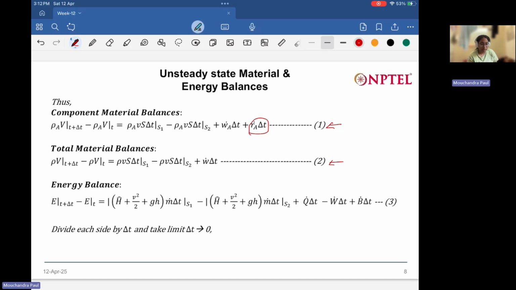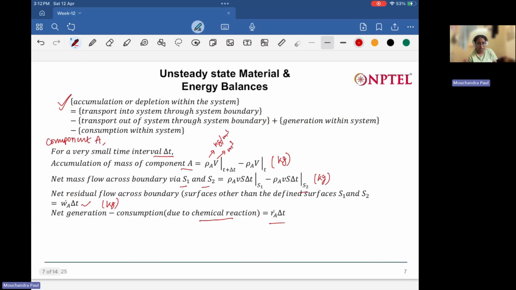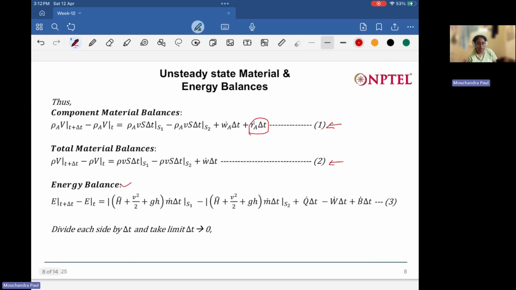Similarly, we can write the energy balance. If we consider accumulation of energy and transport of energy into the system, minus transport of energy out of the system, we get the energy balance expression given in 3.